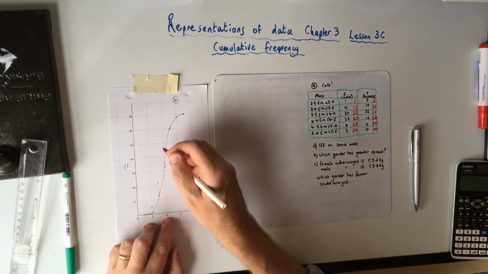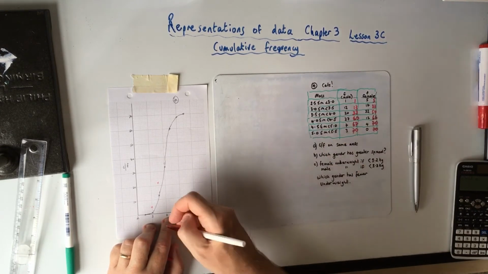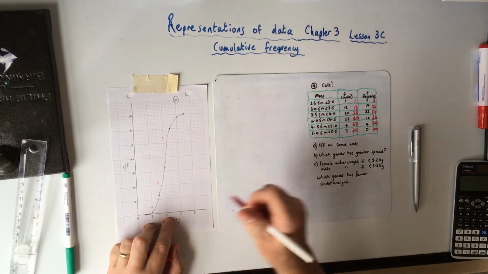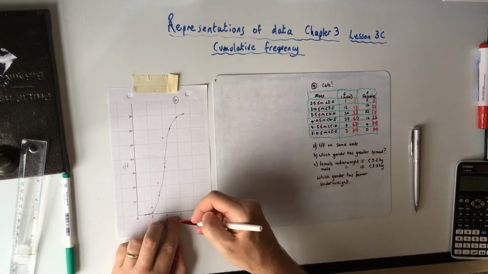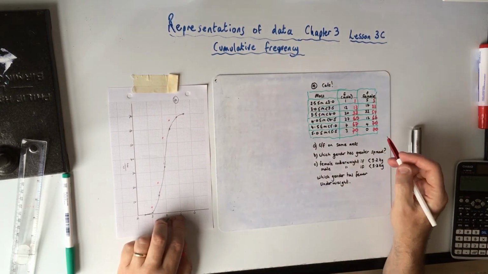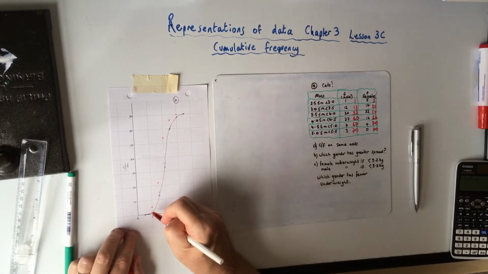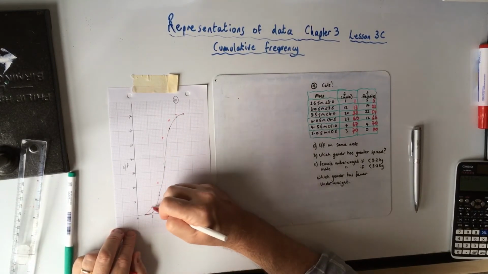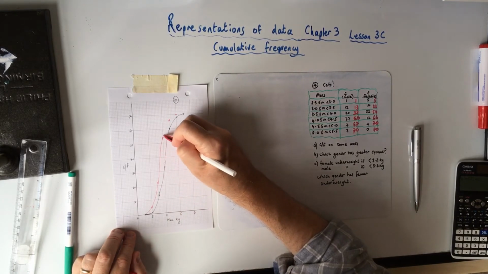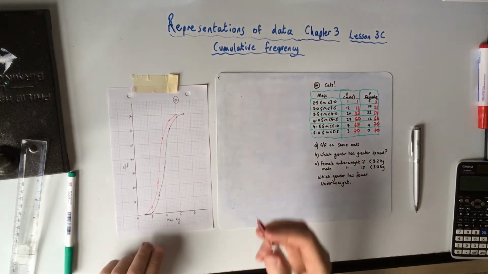Oh sorry, 54. 54 at 4. 66 at the end of the next interval. 70 at 5, which is there. It starts there, and then it's steep here, and then we've got this nice curve, and that's the females.